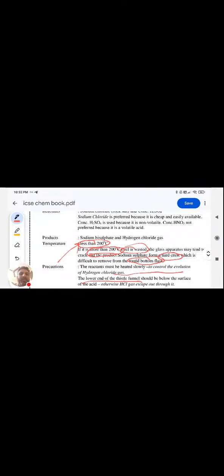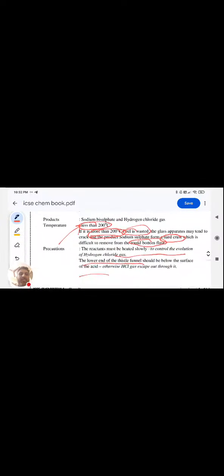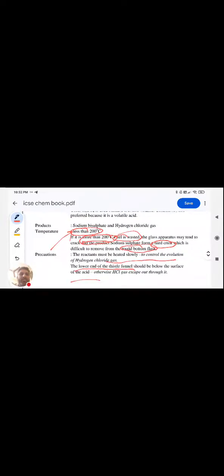If you maintain the temperature above 200 degrees Celsius, you will also get the same product, HCl gas. But when you use more than 200 degrees Celsius, the fuel is just wasted, because at lower temperature also you are getting the HCl gas. So you don't need to go for high temperatures. Just to save the fuel, we stick to the lower temperatures.